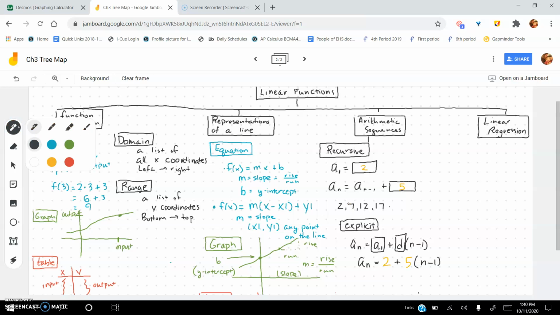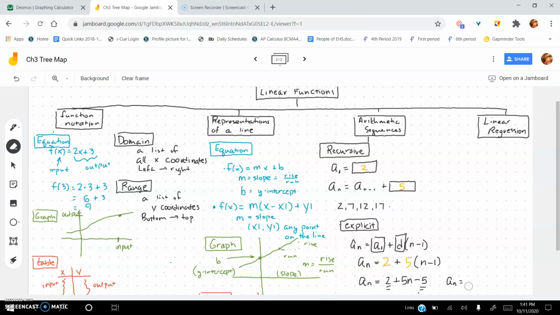And then sometimes your teacher wants that simplified, so you would distribute the 5 to get 5n minus 5, and then combine like terms, so the explicit form would become a sub n equals negative 3 plus 5n.